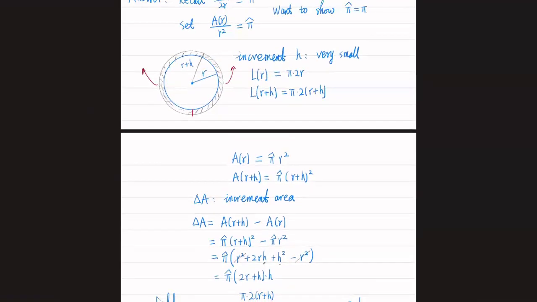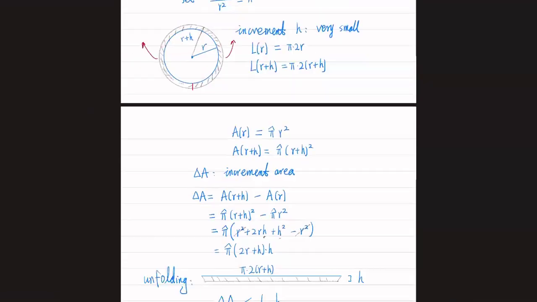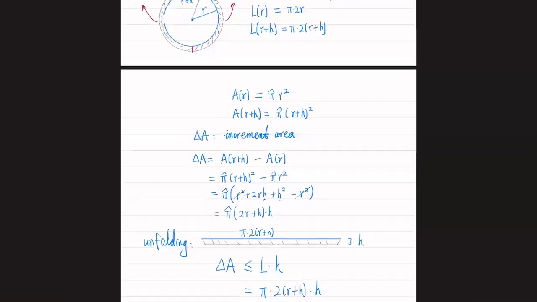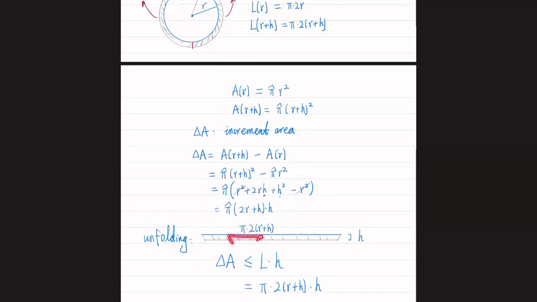If we want to keep this one straight, then there will be some stretching. So we kind of increase the area. So from here to there, the increment increased, and we have this inequality.